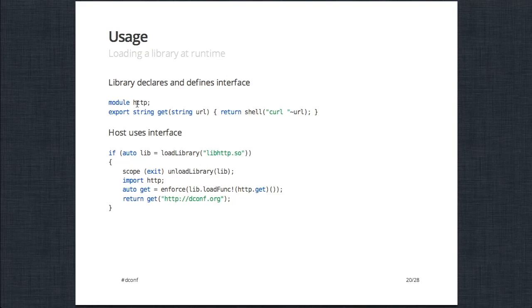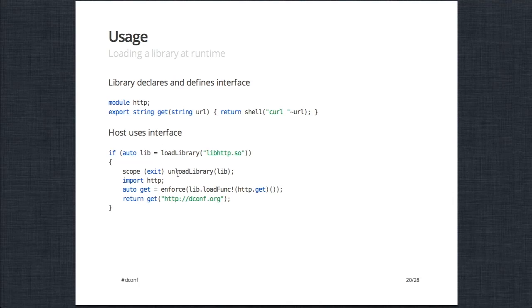The library has to export a module, or it can just define a module and create a header file out of it. And yeah, here's a very short implementation of HTTP GET, and then the host may use that library. It loads it. It might want to check if it's actually available and if the loading succeeds.